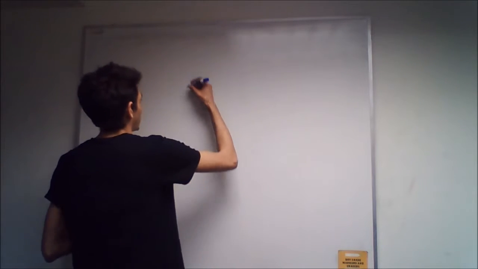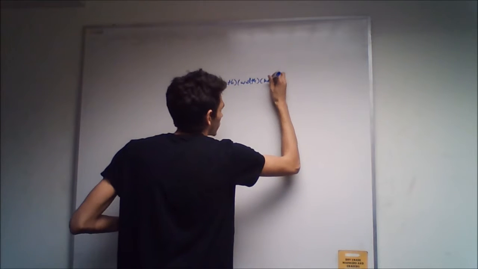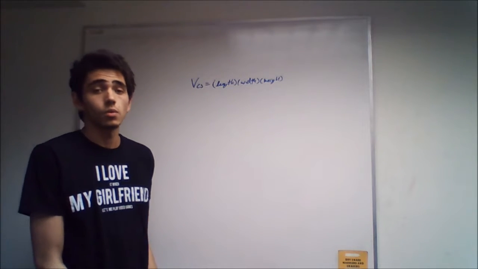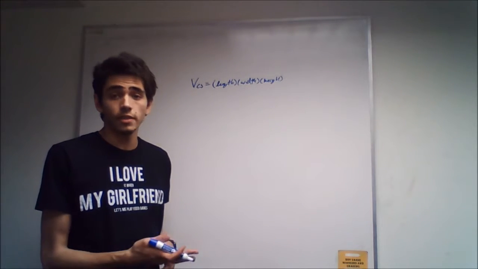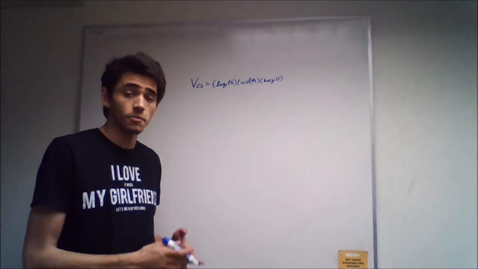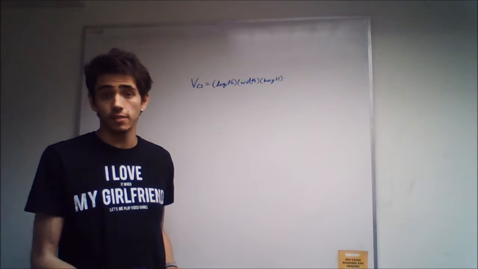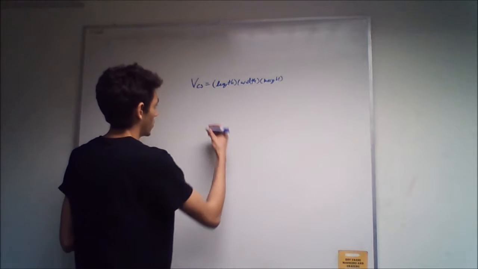So the volume of a cross-sectional slab is given by length times width times height. Where the length and the width are 2a, and the height is given by delta y because that is the thickness of our cross-sectional slab.